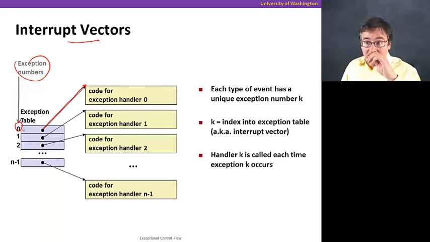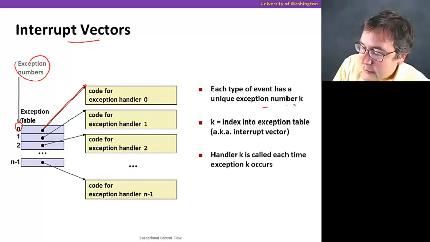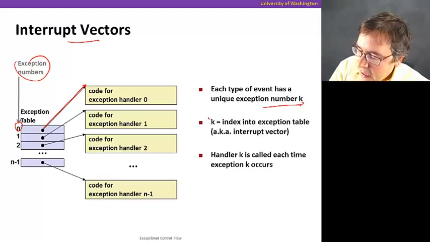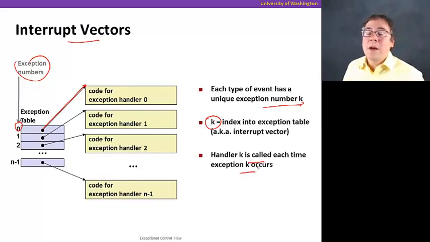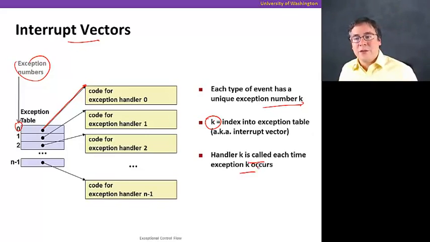The way we do this, each type of event has a unique exception number, a number k, and this k is an index to the exception table, also known as the interrupt vector. This handler is called every time a certain exception is executed. So whenever exception k happens, handler k is executed.